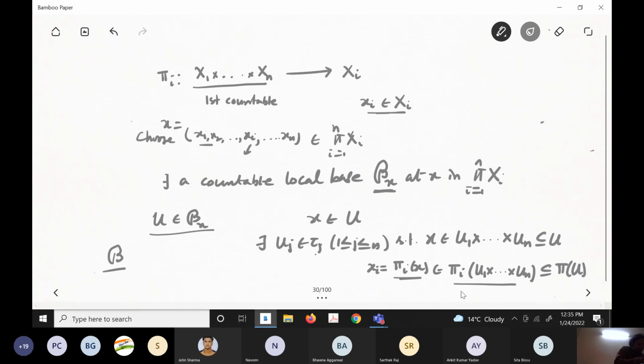This is open. This is also open. But what I needed is that there exists a countable local base, that means U belongs to Bx. This is fine. But where do you start? My starting should be different, right?